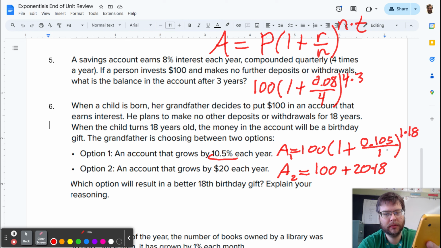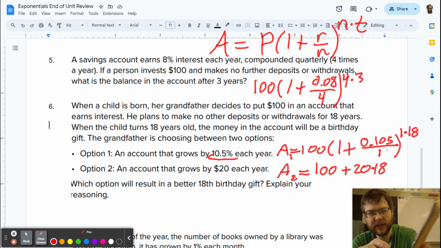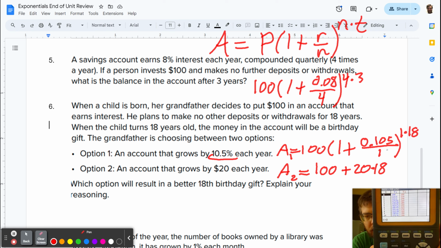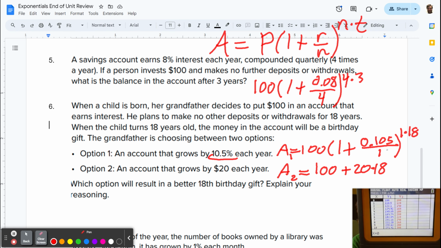I'll just show you real briefly if you wanted to compare the 2 different equations, like year after year, what you can do is type them into your y equals, and you can see in your table that at first, the red one that goes up by $20 is higher.